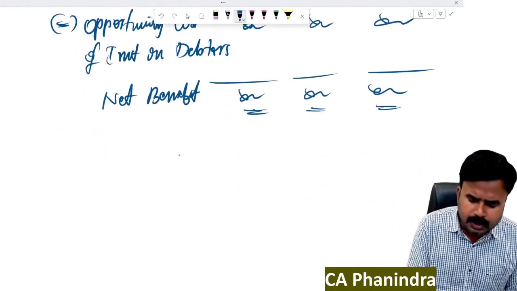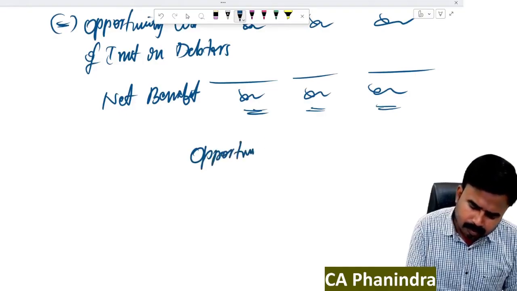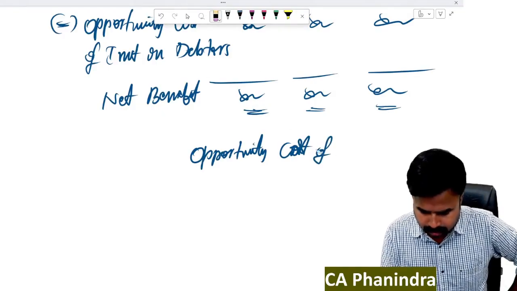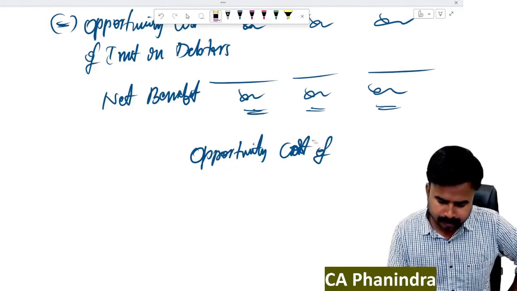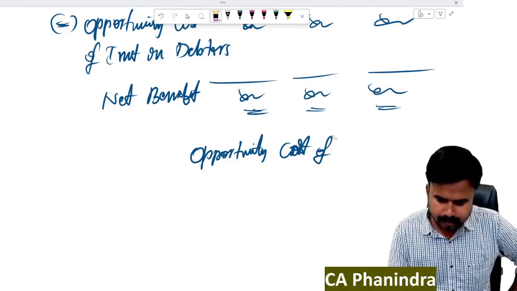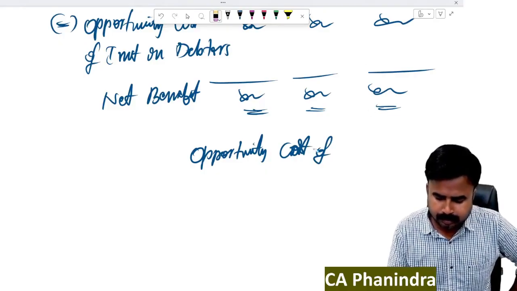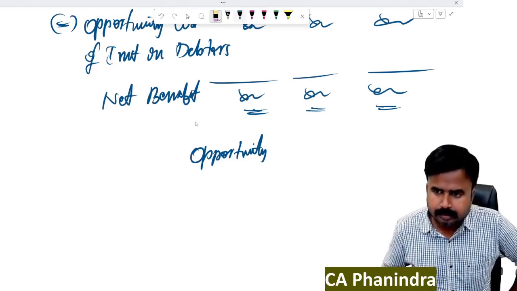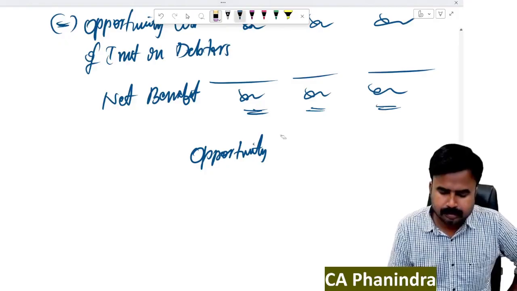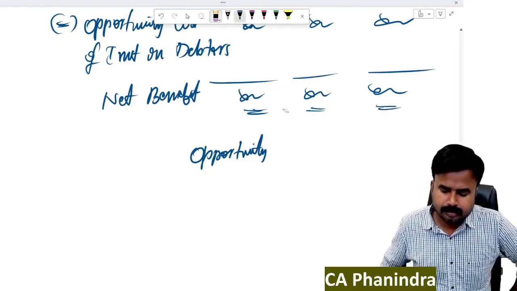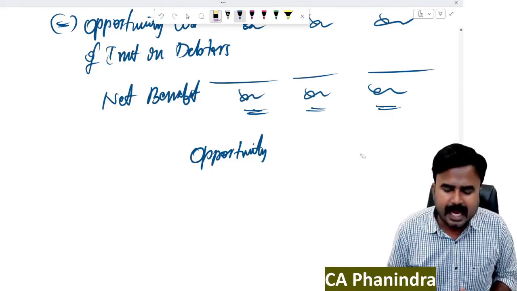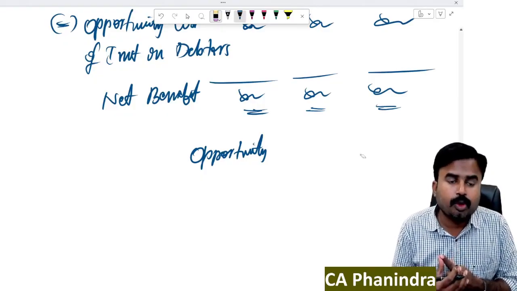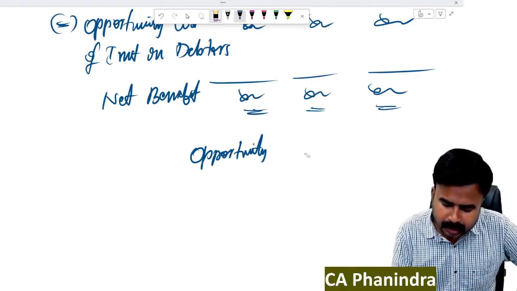Generally, this opportunity cost of investment in debtors can be calculated under three methods: based on sales method, or based on total cost method, and based on variable cost method. Let me write it.